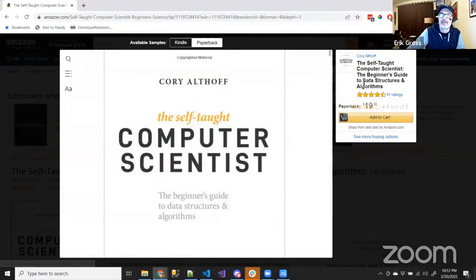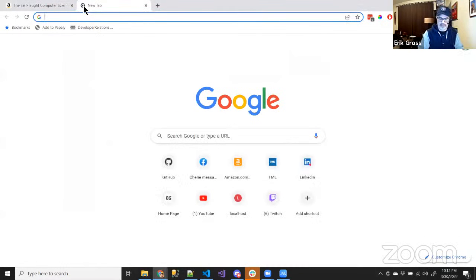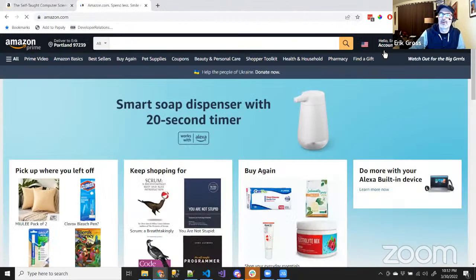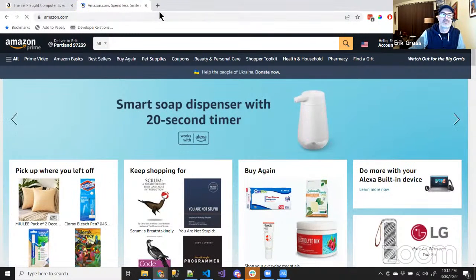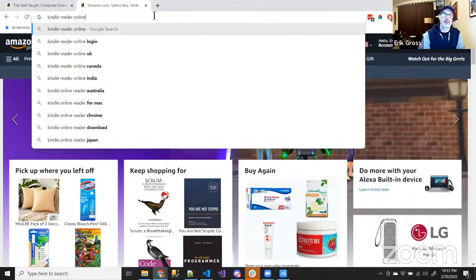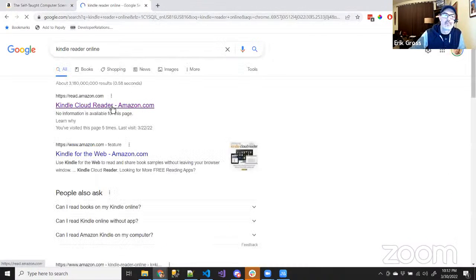I believe that I can actually look at this inside my Amazon account. So I'm actually going to pull it up and do my Kindle reader. Yeah, that's what I should do. I'll do Kindle Cloud Reader.